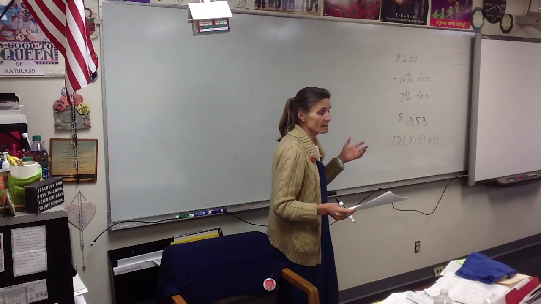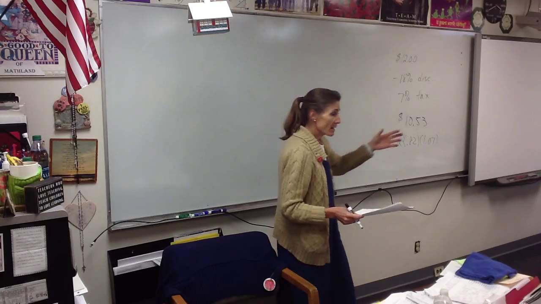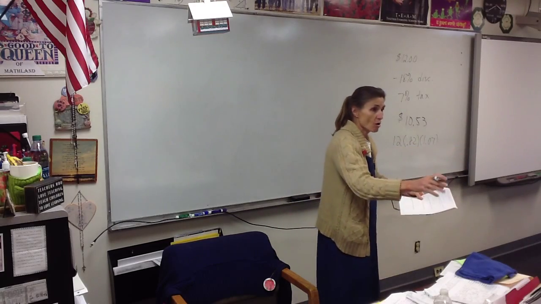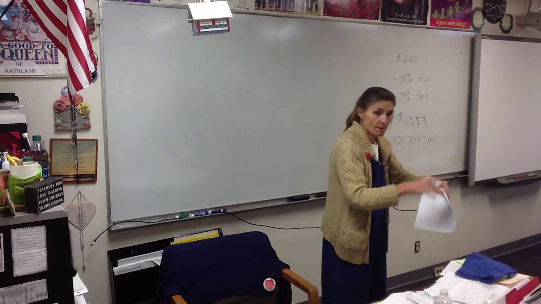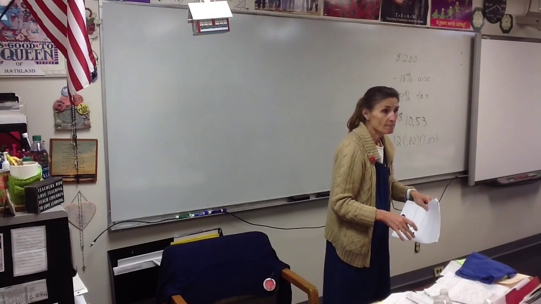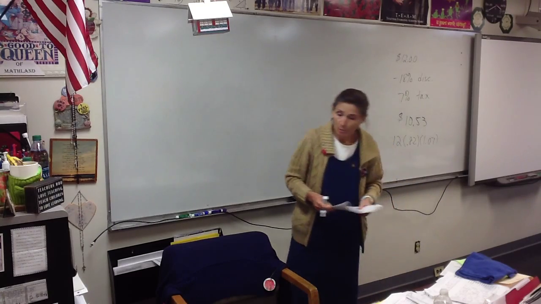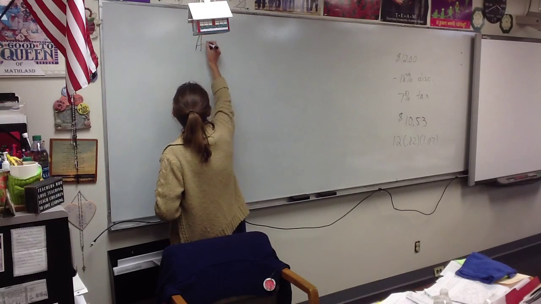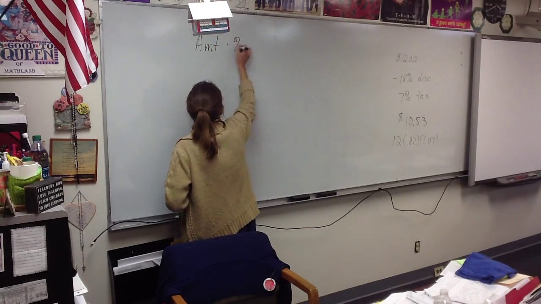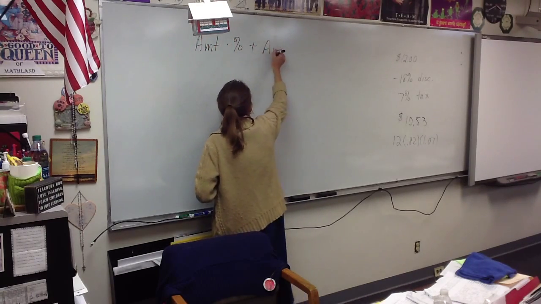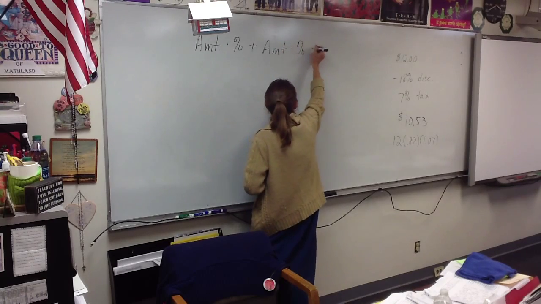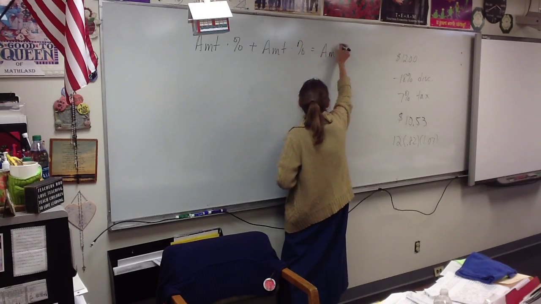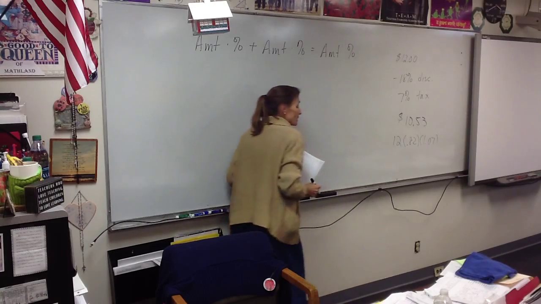H, we're talking about lemonade. So we got some weak lemonade and we got some stronger lemonade and we're going to mix them together to make medium lemonade. Got it? When you do a problem like this, I want you to use the format amount times percent plus amount times percent equals amount times percent.